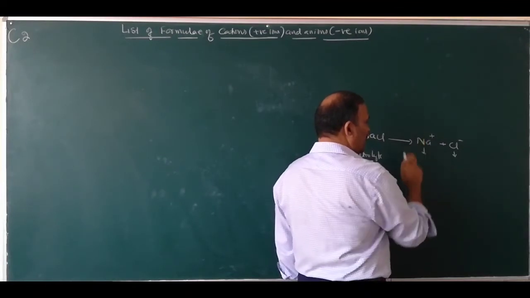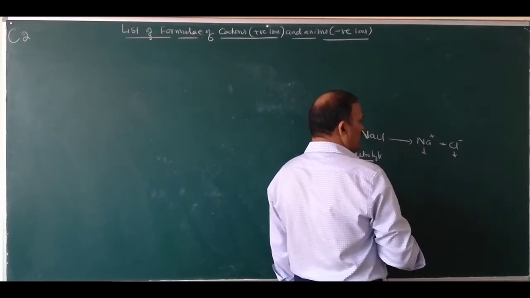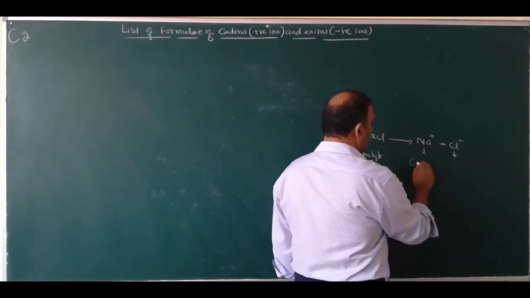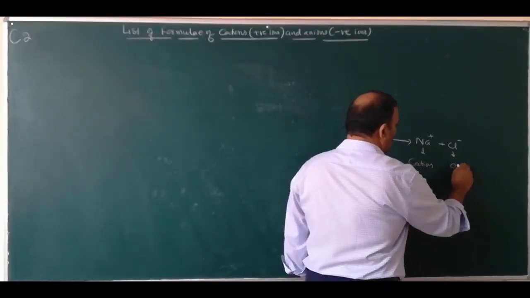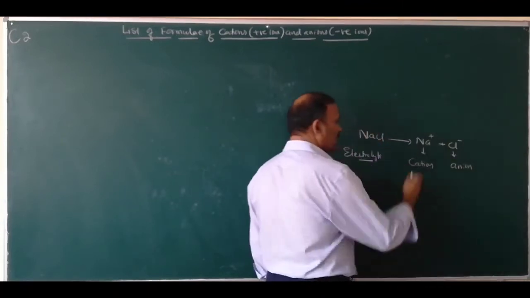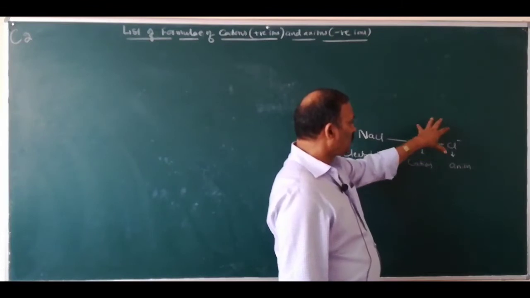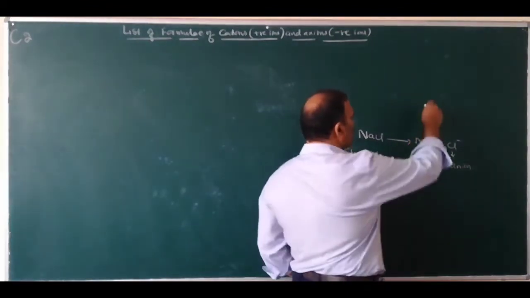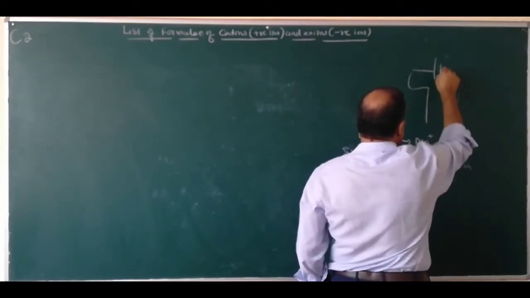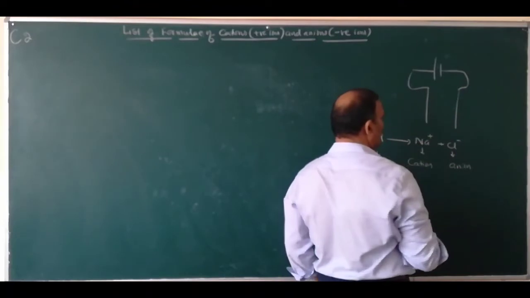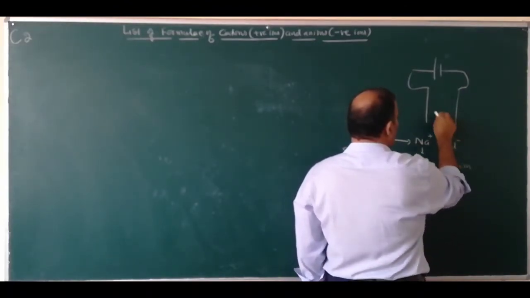Positively charged particle and negatively charged particle. The positively charged particle is called cation and the negatively charged particle is called anion. Why is it called cation and why is it called anion? When electrodes are dipped in this solution and electricity is passed through it, anions move towards the anode, the positively charged electrode.